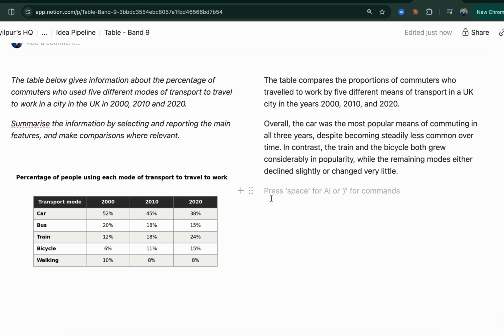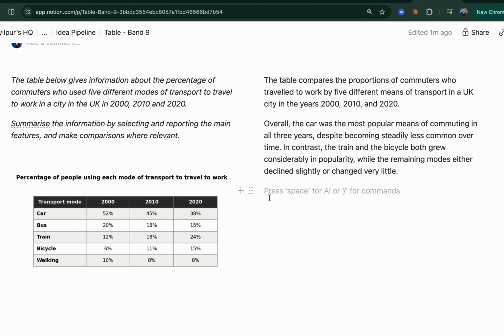Otherwise, you are going to lose points in coherence and cohesion. So you cannot just mix data and call it a body paragraph. It has to be logical. So one body paragraph talks about one type of pattern.